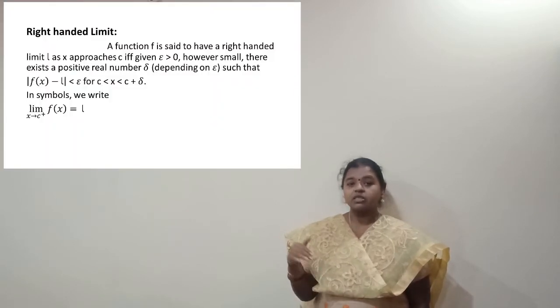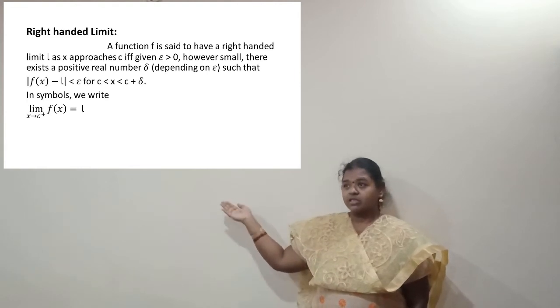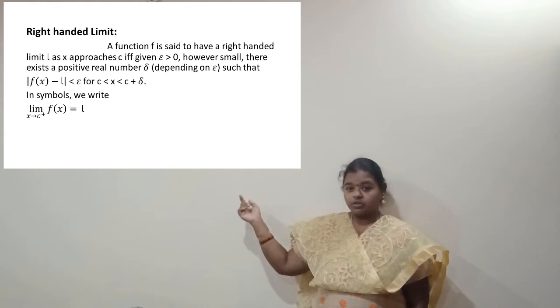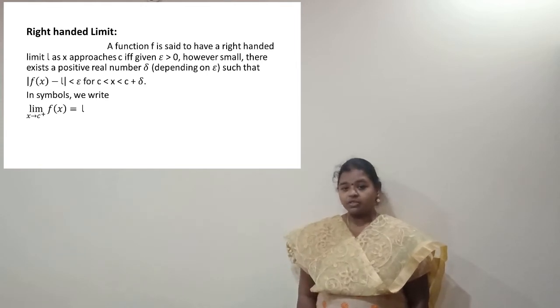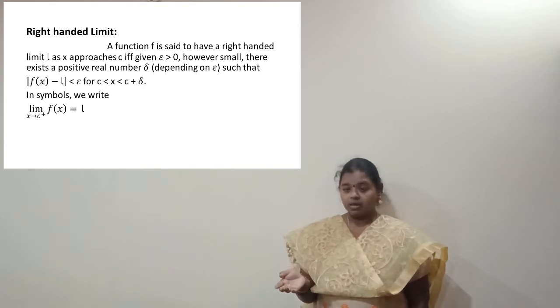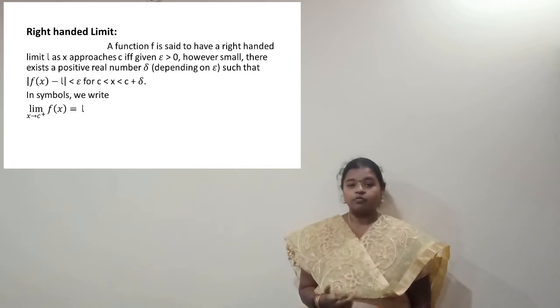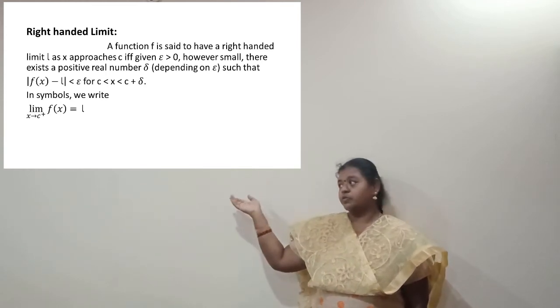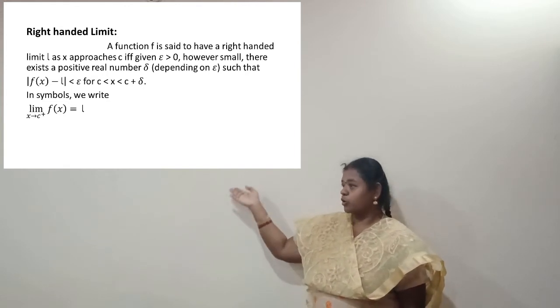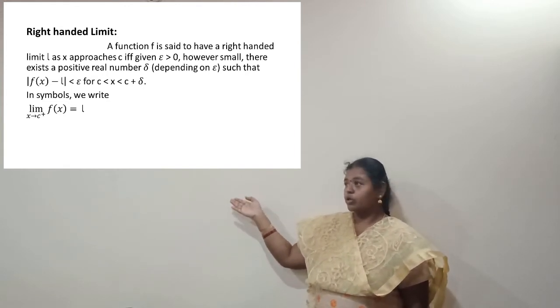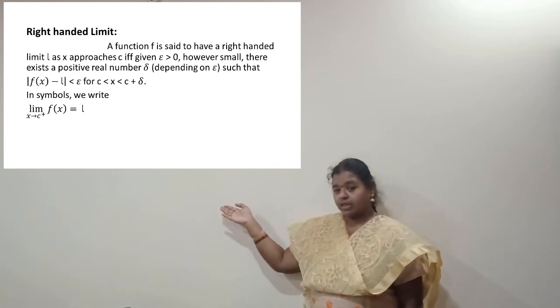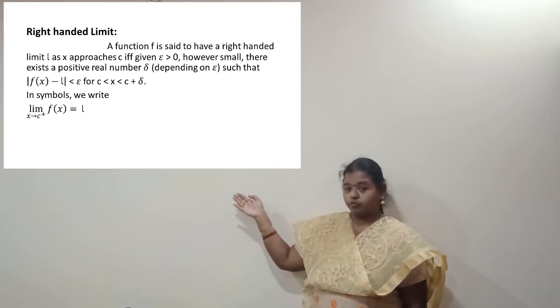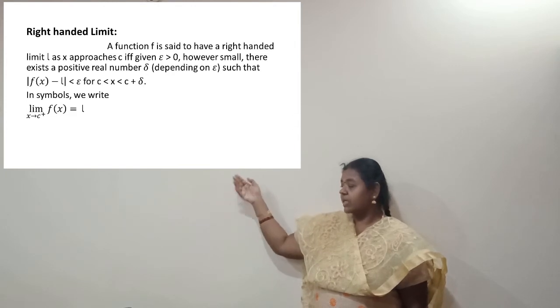In the same way, this will approach the value from the right side, so it will be C plus. Now let's see the definition. A function f is said to have a right-handed limit as x approaches C if and only if, given epsilon greater than 0, however small, there exists a positive real number delta which depends on epsilon, such that |f(x) - L| < epsilon for C < x < C + delta.